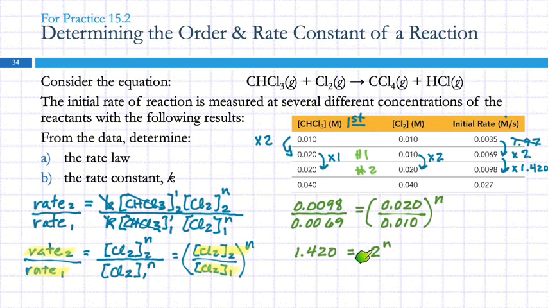But to get this exponent down, we're going to take the logarithm of both sides. You could use the natural logarithm or the base 10. It's not going to matter here. I'm just going to use the natural log. So the log of this side, 1.420, is equal to the log of 2 to the n.